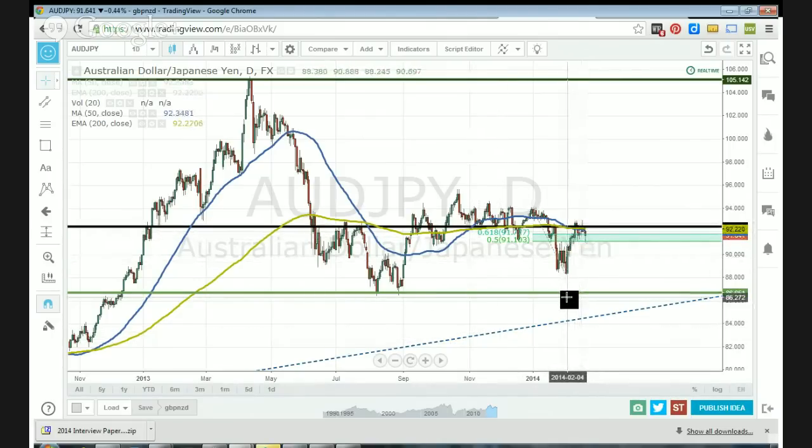So on some level, I try to make it as objective as I can. There are elements of subjectivity with my approach, but I do definitely try to make it as objective as I think is warranted. So here, price is below these moving averages. We're at a resistance level.